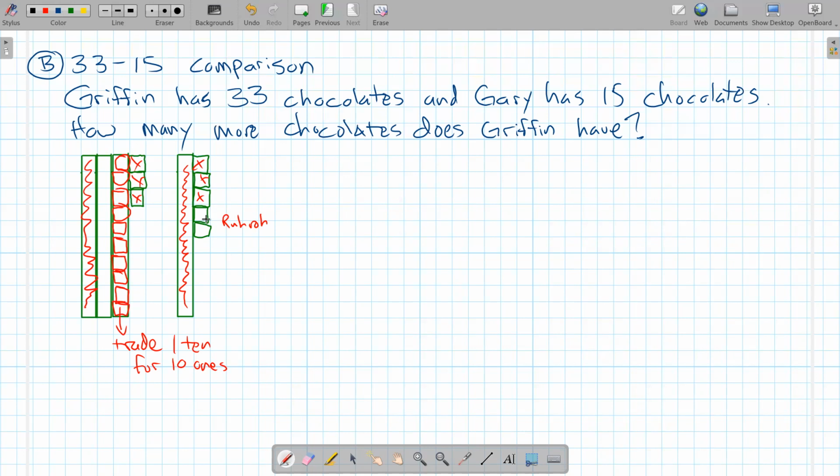Switch color just for the heck of it. That one and that one, that one and that one. Okay, what's left? I can see a 10 not crossed out, and then 1, 2, 3, 4, 5, 6, 7, 8, 9, 10. Okay, so if this is Griffin here, and this is Gary here, after the trade, we can see Griffin has 18 more.